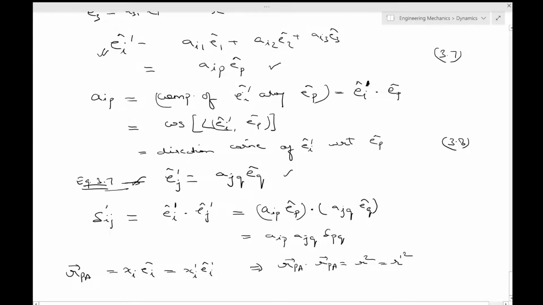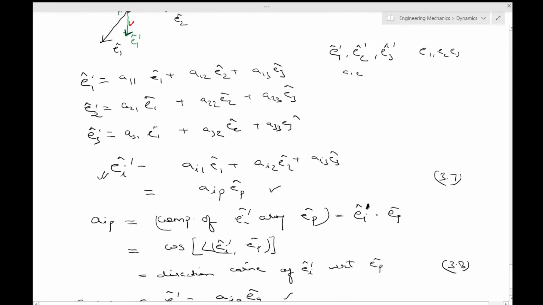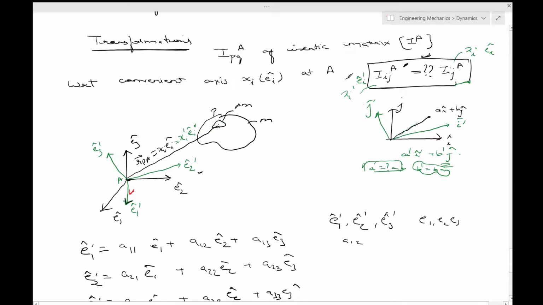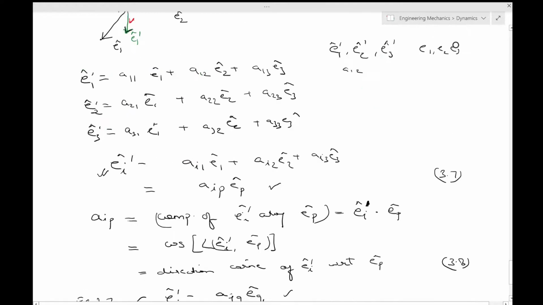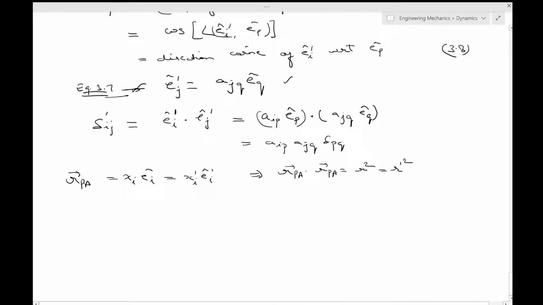The logic is that the length of this vector PA is x1 square plus x2 square plus x3 square, and the length of this vector remains the same irrespective of in which coordinate system you write it. So in the green one it will be x1 dash square plus x2 dash square plus x3 dash square, but they will be the same because the magnitude of this vector is not changing. So that's why we have r square is equal to r dash square.